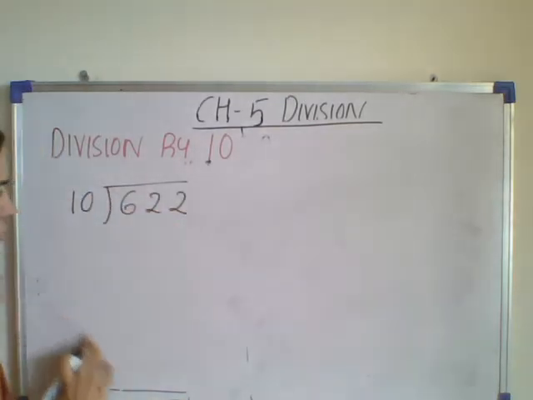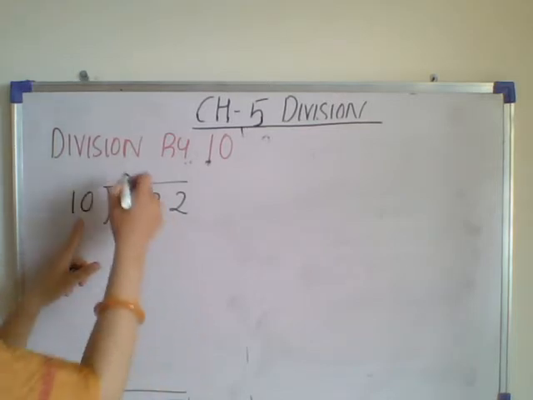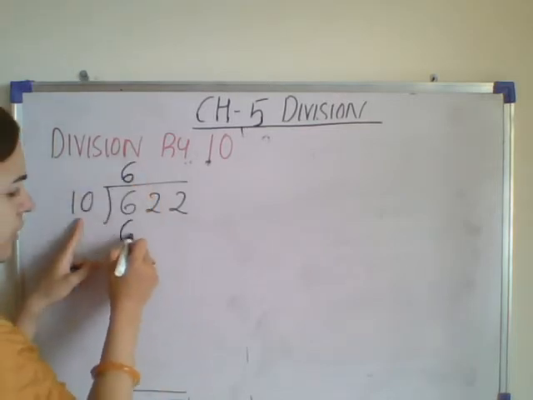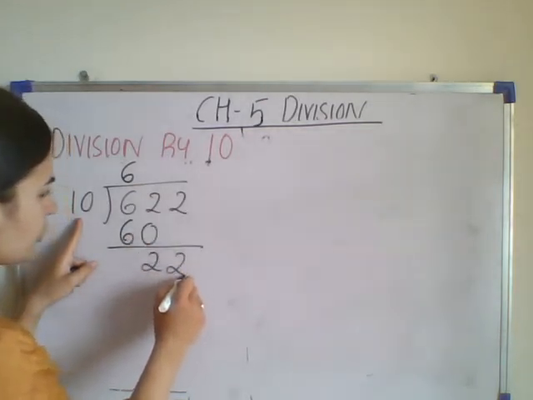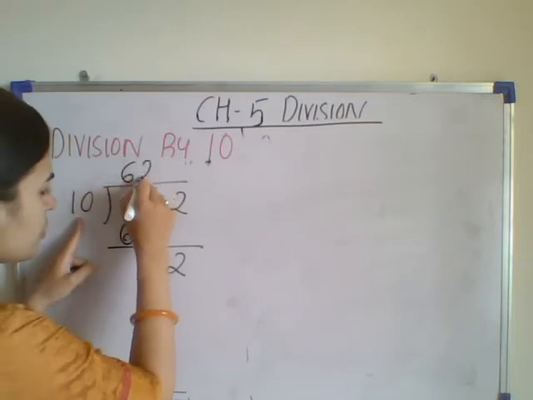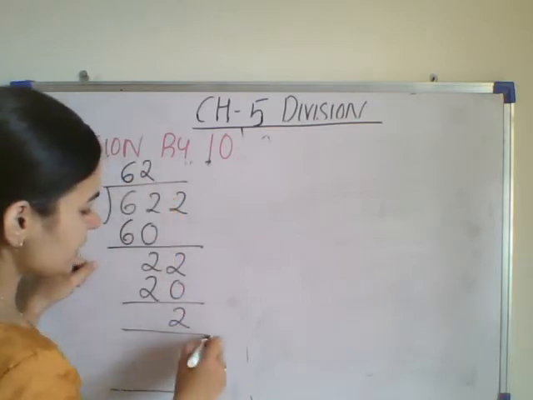622. So I am dividing this 622 by 10. So 10 sixes are 60. Next it comes 22. So 10 twos are 20 and 2 it comes as it is.